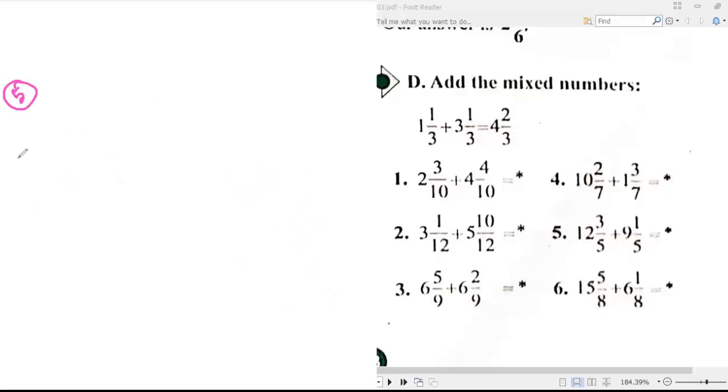Now number 5. Number 5 is 12 whole 3 by 5 plus 9 whole 1 by 5. At first, we have to add the whole number. So 12 plus 9. What is 12 plus 9? That will be 21. So after adding the whole number, 12 and 9, we get 21.